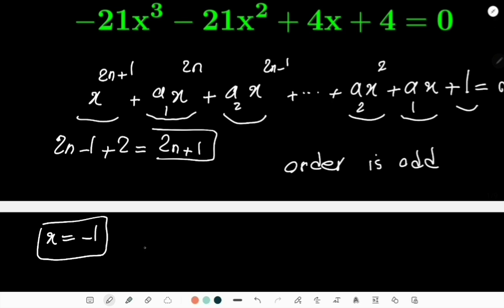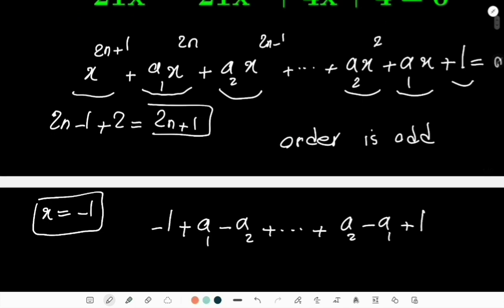So if I put x equals minus 1, the first term is an odd power, so I get minus 1. Then the second term is basically a1 times minus 1 to the power of an even number, which is a1. And this next one is minus a2. And all the way to a2 minus a1 plus 1. So this term cancels this one, this one cancels this one, and this one cancels this one.